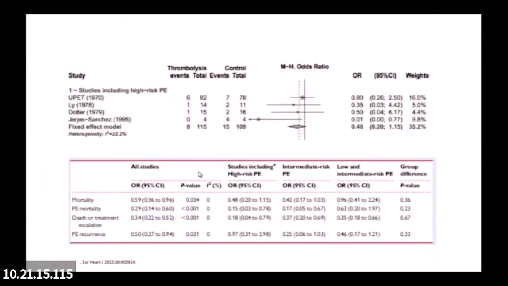However, when they looked into PE-specific mortality, there is a statistical significance for mortality with thrombolysis. Overall, those made the guideline recommendation for TPA treatment for massive PE. And so far, TPA is the only thrombolytic approved for PE by guideline.